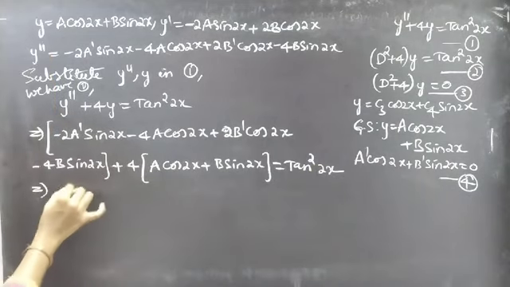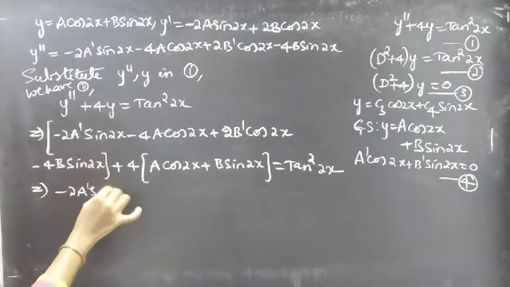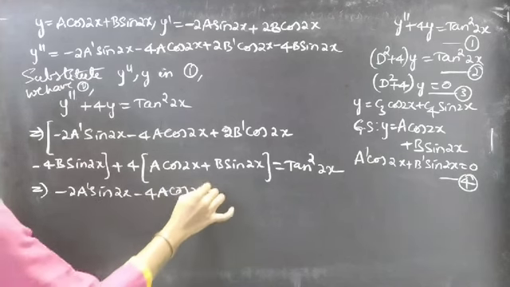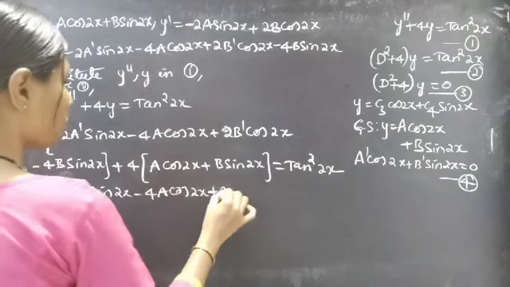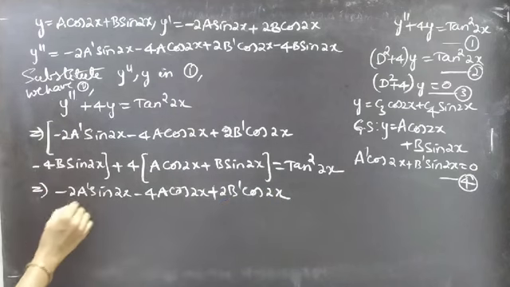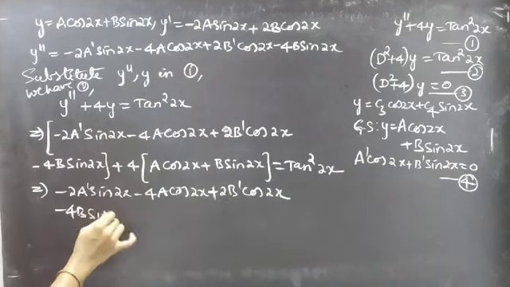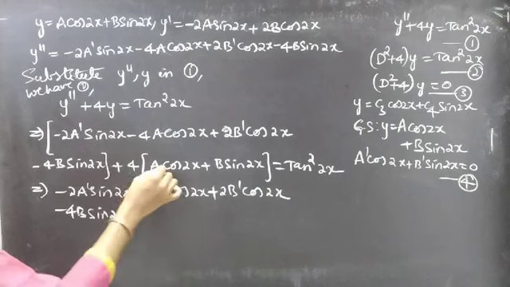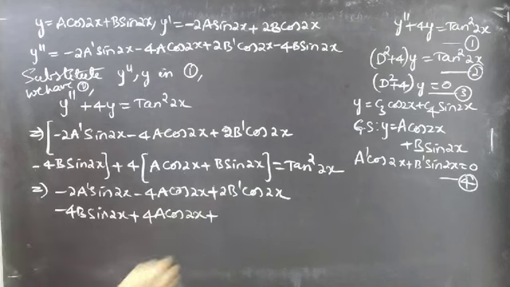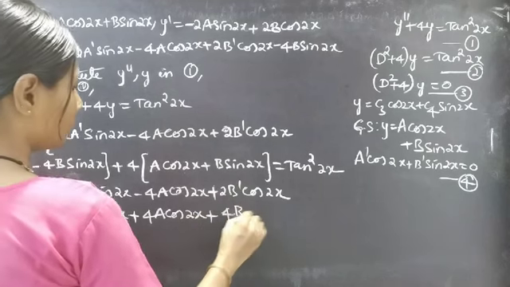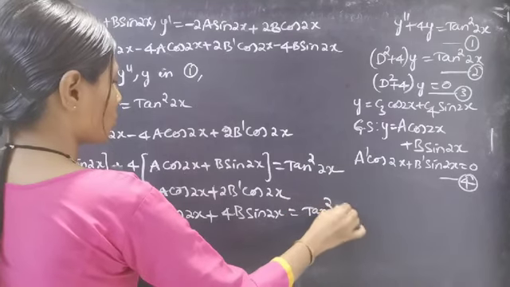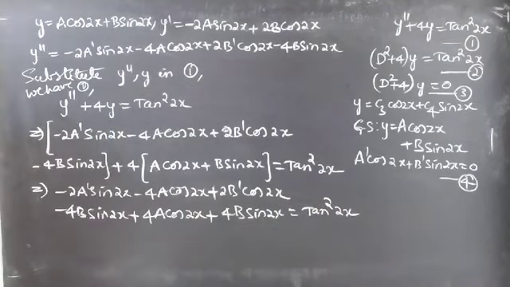From this we'll get minus 2a' sin 2x minus 4a cos 2x plus 2b' cos 2x minus 4b sin 2x plus 4a cos 2x plus 4b sin 2x equal to tan square 2x, right?